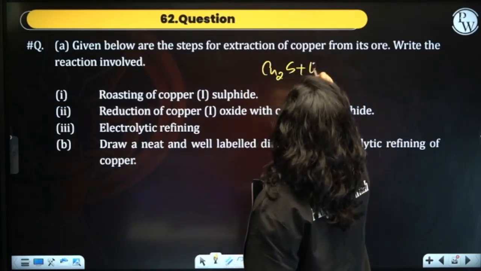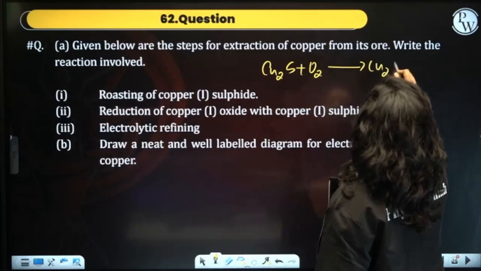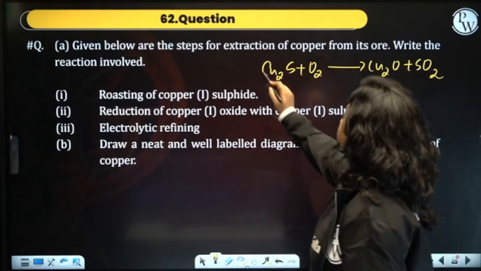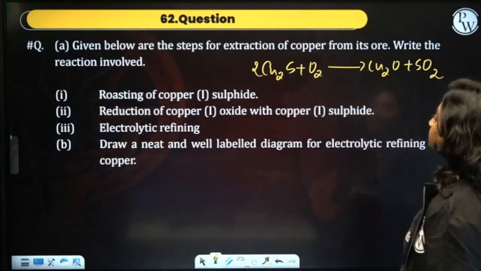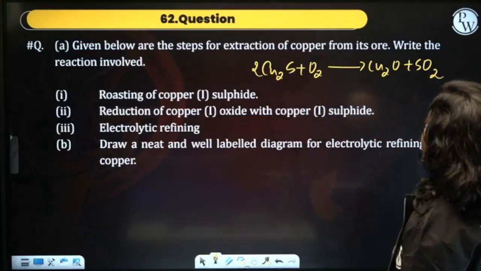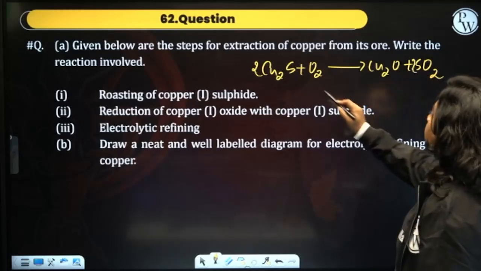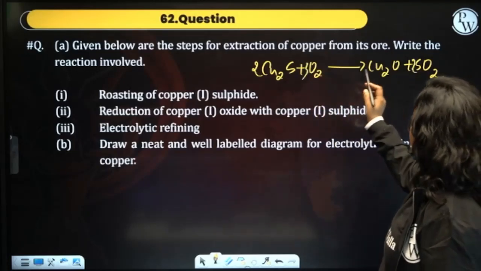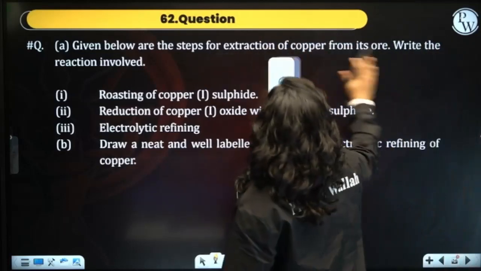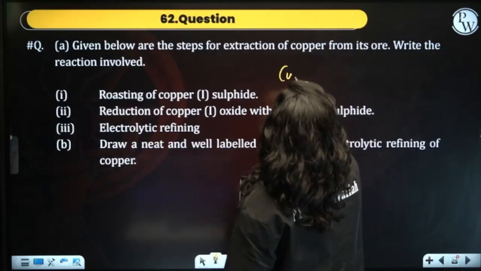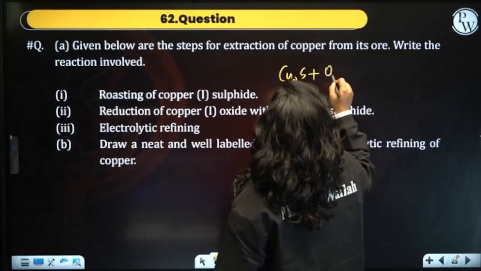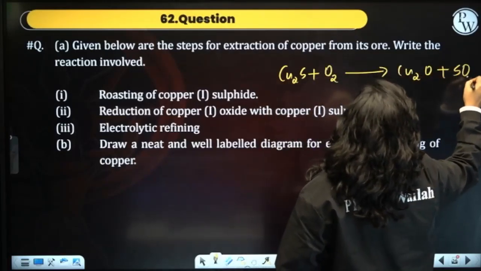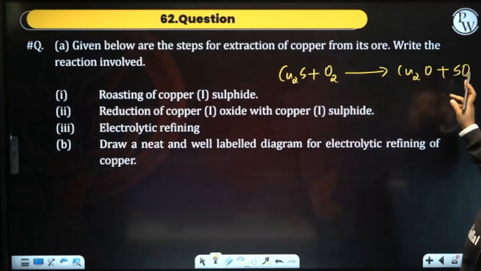Cu2S plus oxygen forming Cu2O plus sulfur dioxide. Balance the equation. You write here 2. So sulfur becomes 2, oxygen becomes 3, and copper becomes 2 2s are 4. Cu2S plus oxygen forms Cu2O plus SO2. 2 copper, 1 sulfur, 1 sulfur.